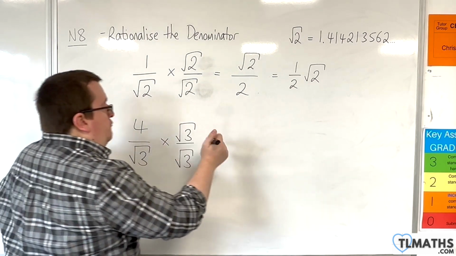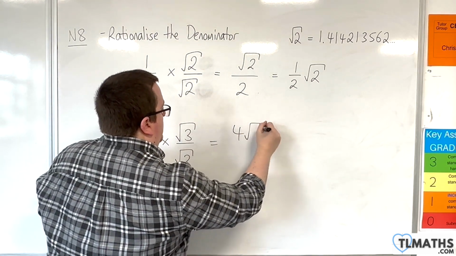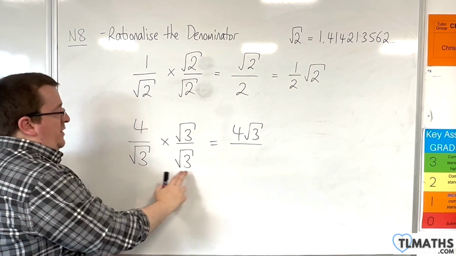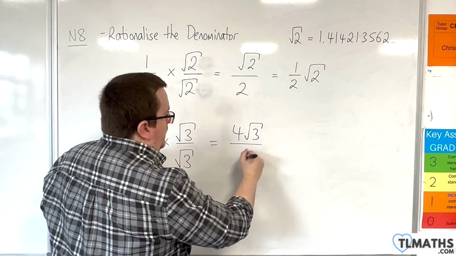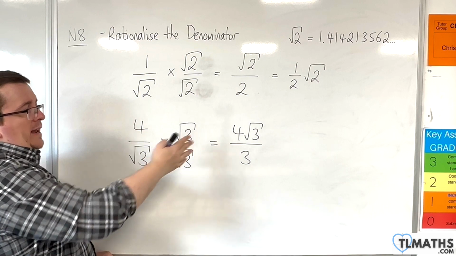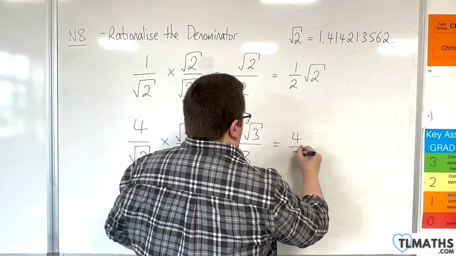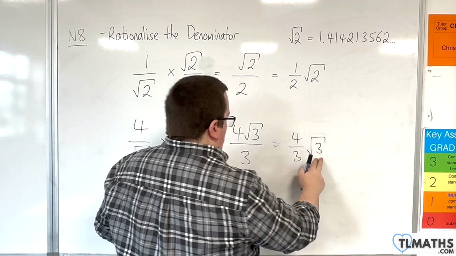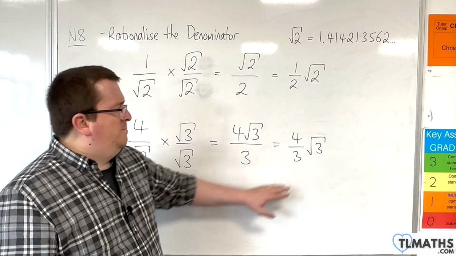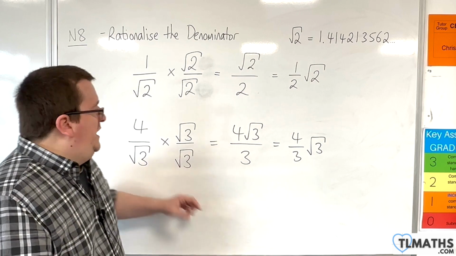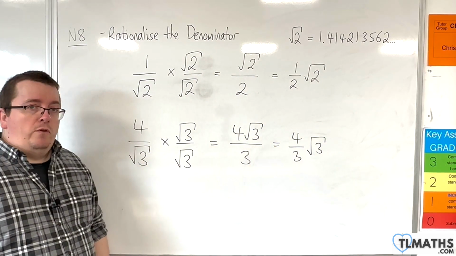So I have 4 lots of root 3, 4 root 3. Root 3 times root 3 is 3. So I actually have 4 root 3 over 3, or 4/3 root 3. So if you know what root 3 is, then you could just multiply it by 4/3, and you will get what 4 divided by root 3 is.